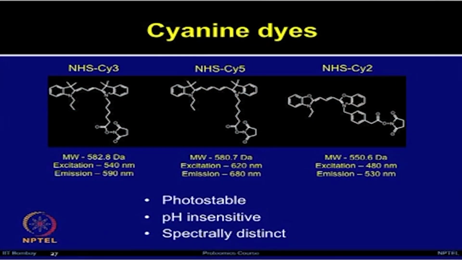Now in the DIGE technology, those cyanine dyes are used. There are 3 different Cy dyes, as I mentioned: Cy3, Cy5 and Cy2. The excitation and emission wavelengths of these 3 are defined.